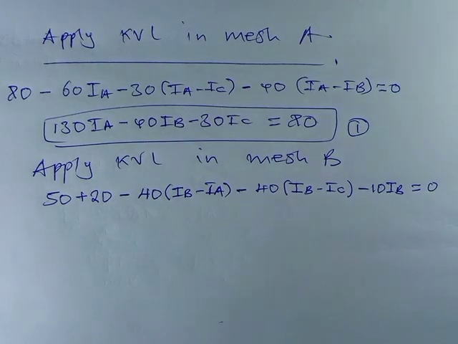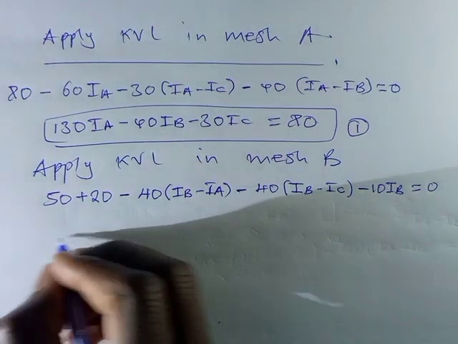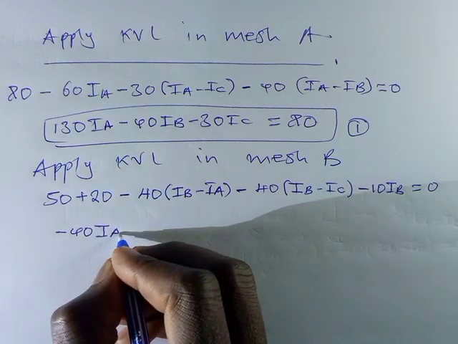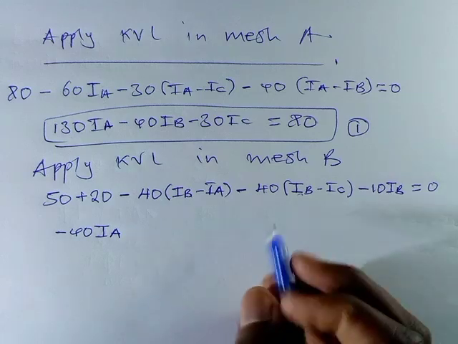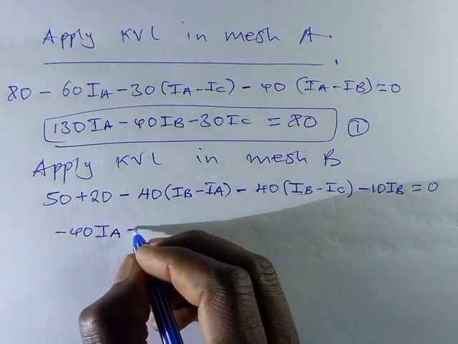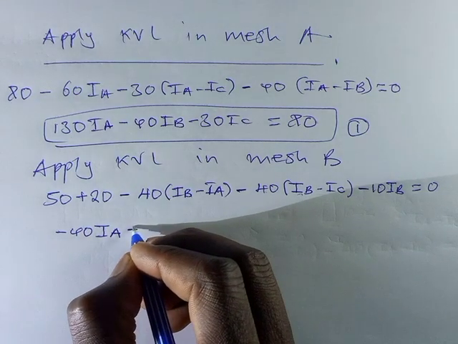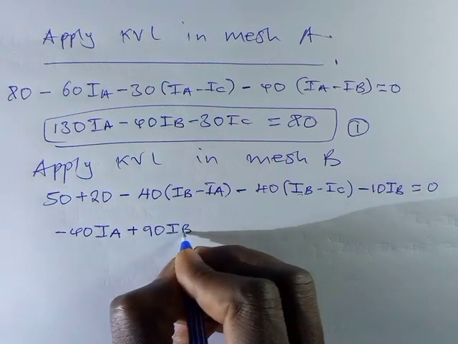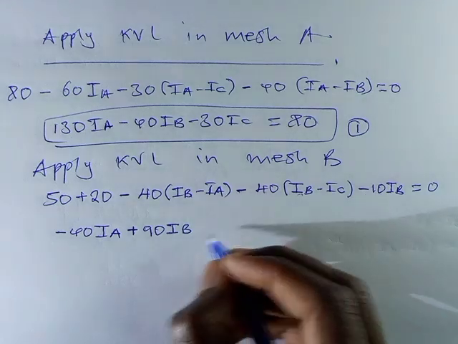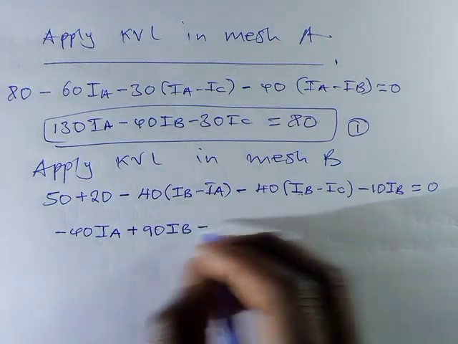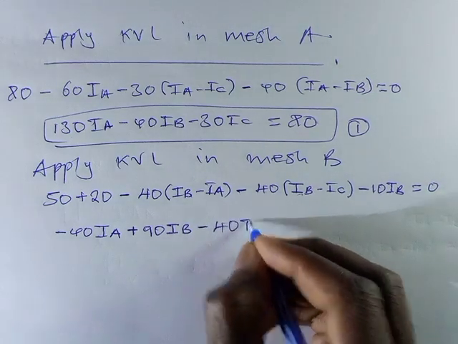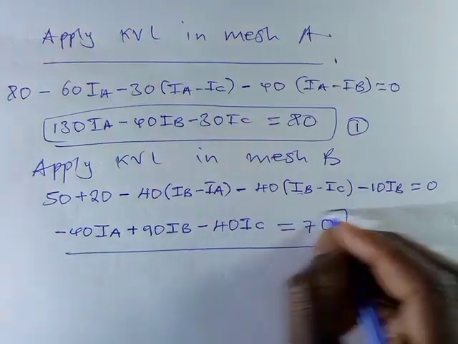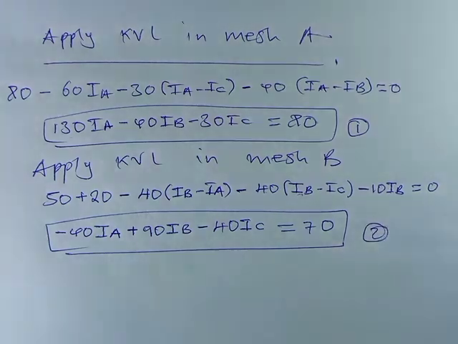So doing simple mathematics, this is something very simple and straightforward. We are going to have minus 40 Ia, and this, that, it has to give us plus 90 Ib, and for Ic it has to be minus 40 Ic equal to 70, and this has to be our second equation.